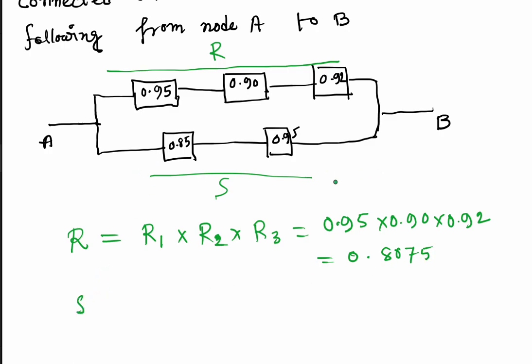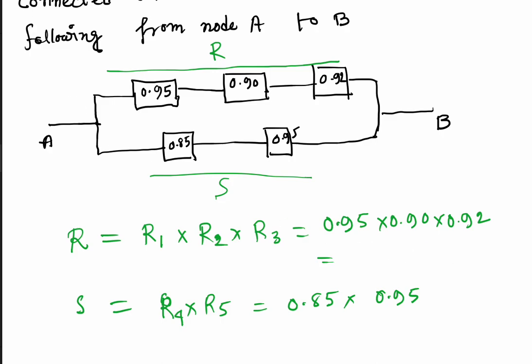And what is the reliability of S? This is R4 and R5, which is 0.85 into 0.95, this is 0.8075. So the series S is 0.7866 and R is 0.8075.